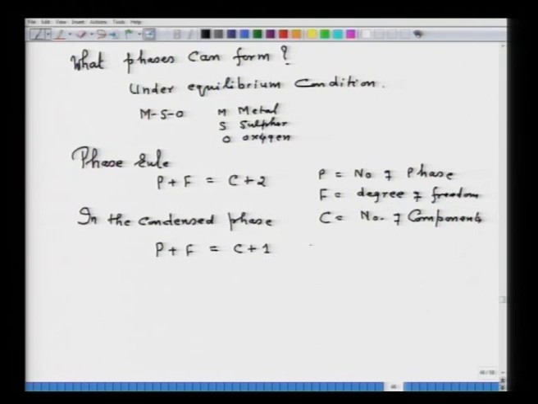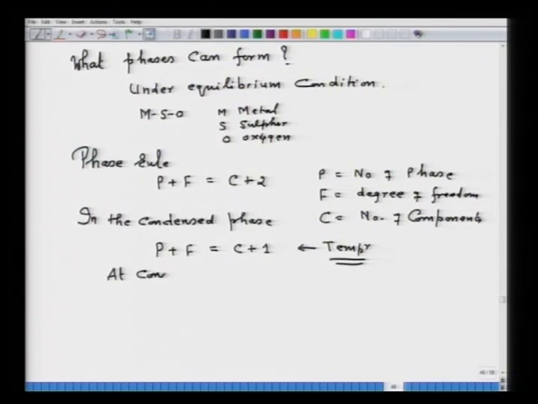So, now the temperature remains a controlling factor. Suppose we consider constant temperature, because normally roasting is carried out at constant temperature.